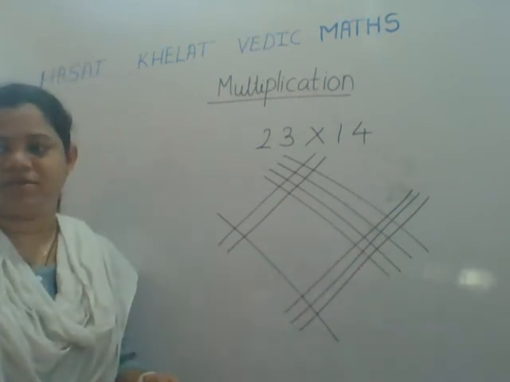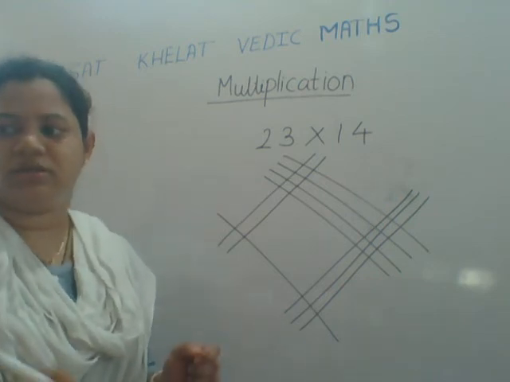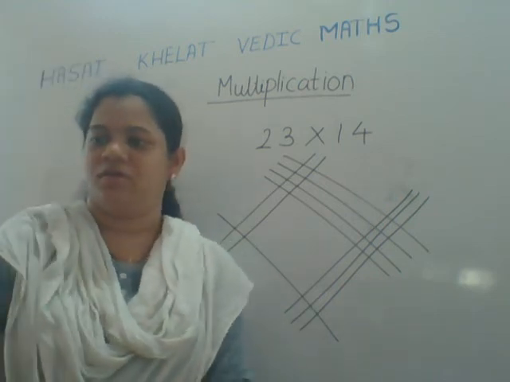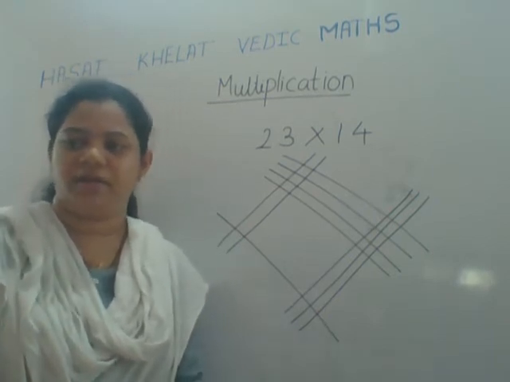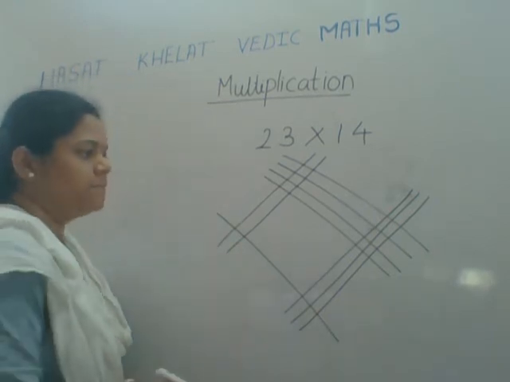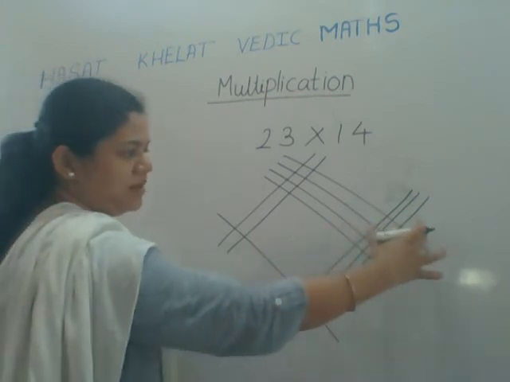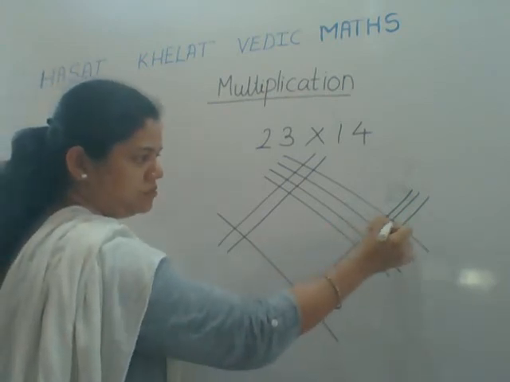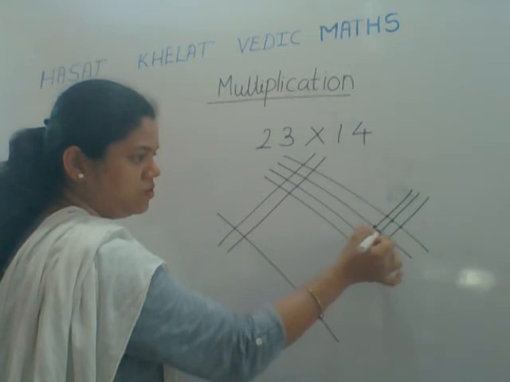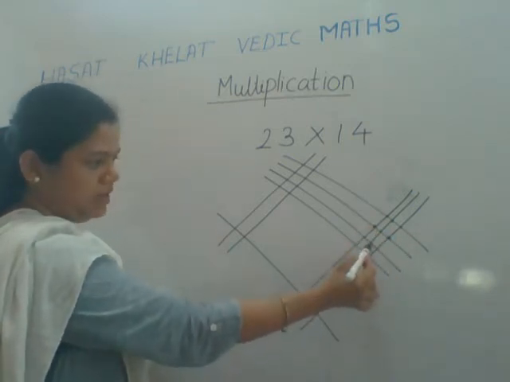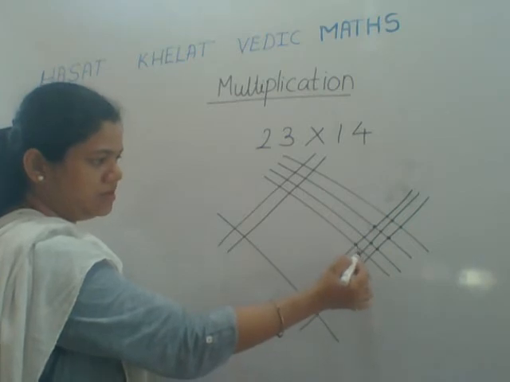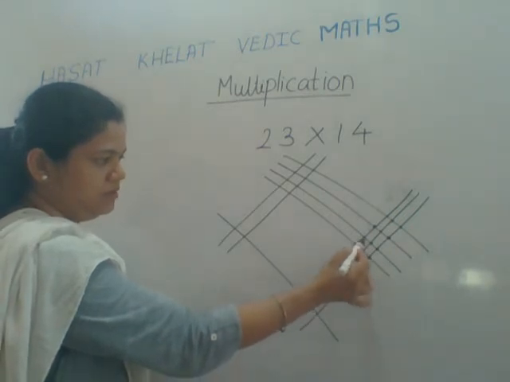Now, what is the next step? To count the intersecting points. On the right hand side: 1, 2, 3, 4, 5, 6, 7, 8, 9, 10, 11 and 12.